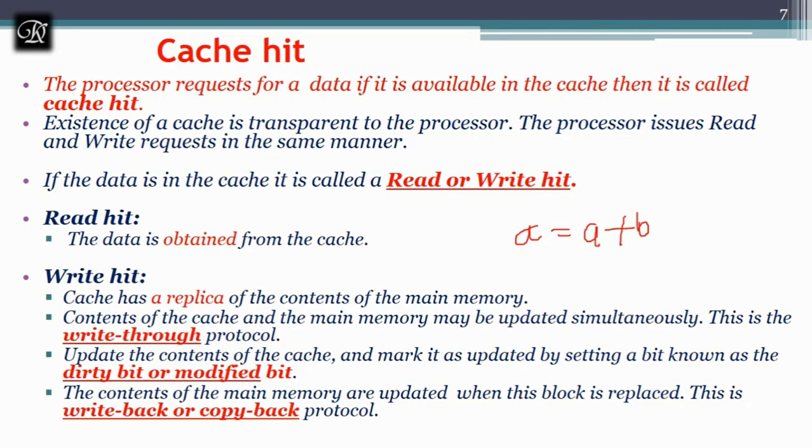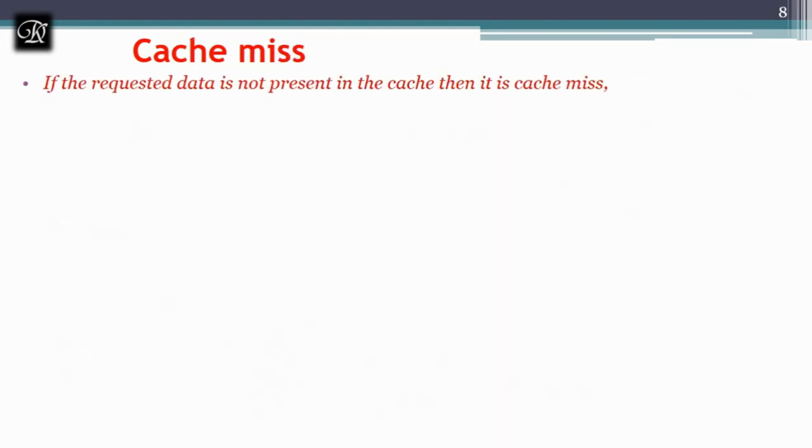This is how write hit works. Read is very simple, but write has a more complicated structure. Either it goes with the write through protocol, immediately updating cache and RAM, or else it keeps the content for some time, and once you want to replace that content, you modify it in the RAM. Next we'll see cache miss.